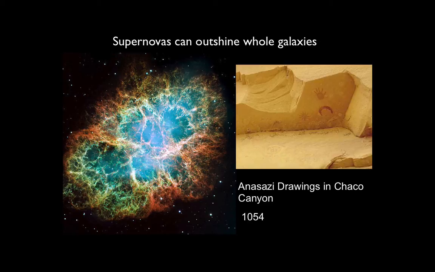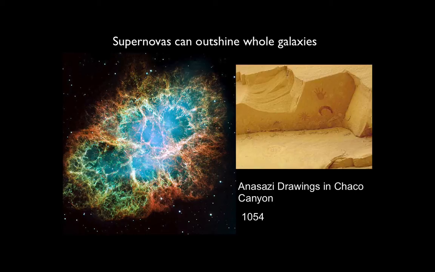Supernovae are so bright that they can sometimes be observed with your naked eye. The well-known Crab Nebula in the constellation of Taurus is a remnant of a supernova, and by studying this remnant and figuring out how fast it's expanding, we can sort of turn back time and see how long ago that supernova occurred.